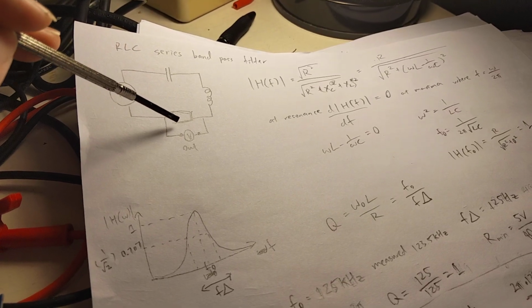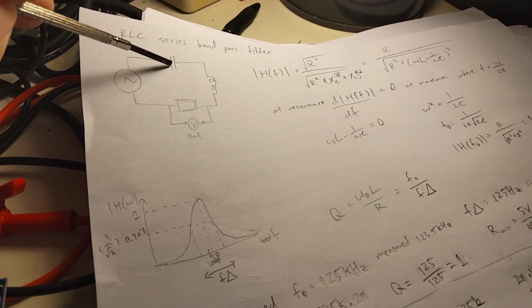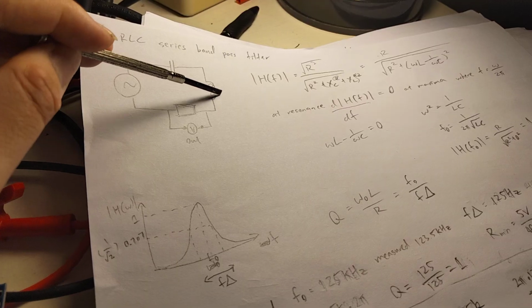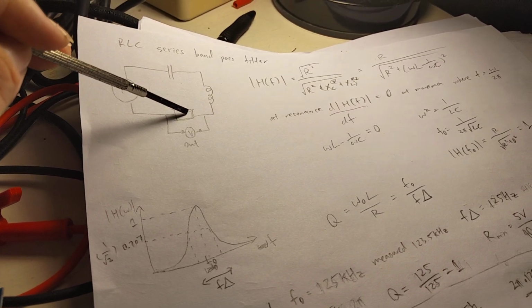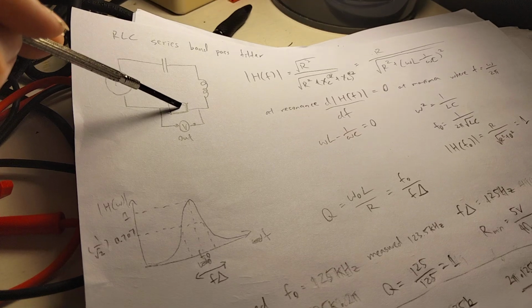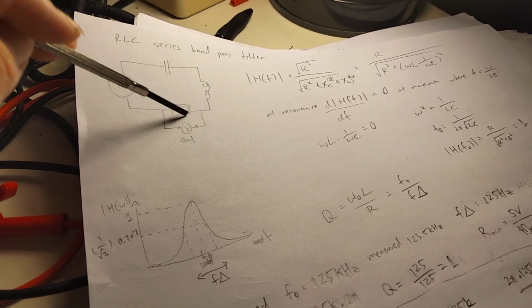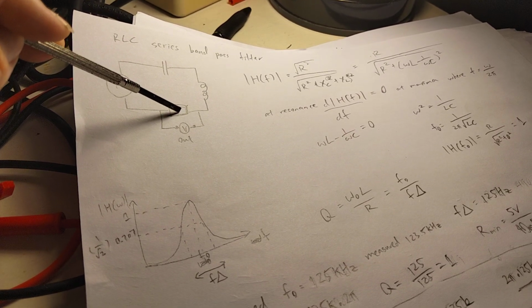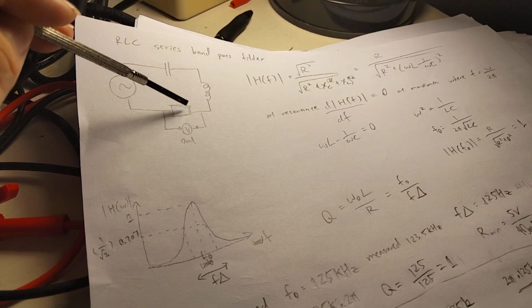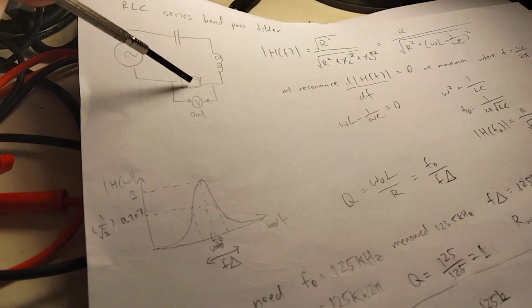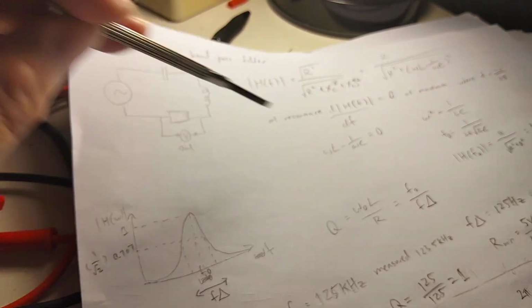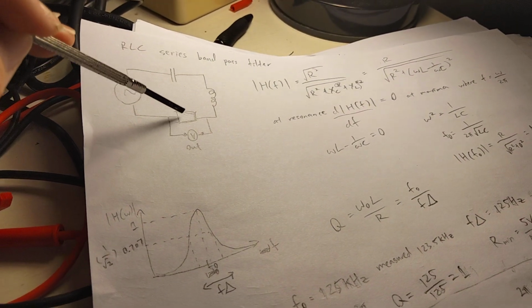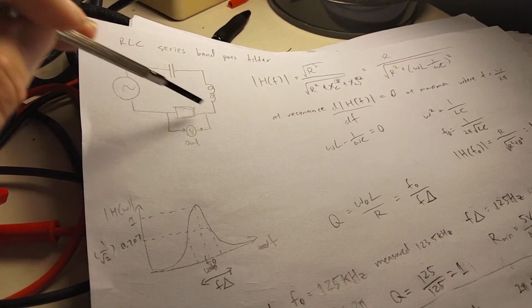You can imagine these two offering some sort of resistance to the circuit, and then this resistor here is the voltage divider that tries to capture as much of the voltage as possible. So if you have a high resistance over here, you capture more of the voltage in the entire circuit.